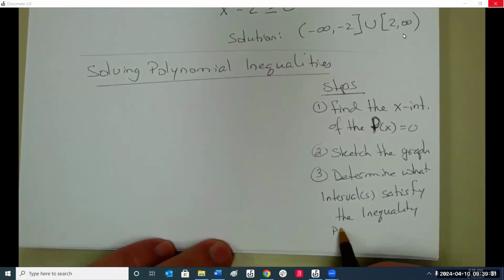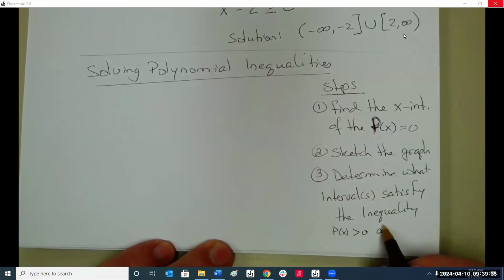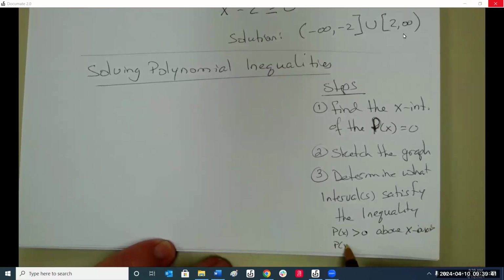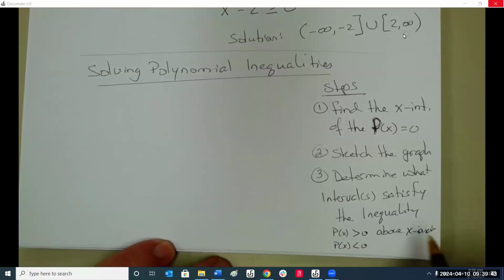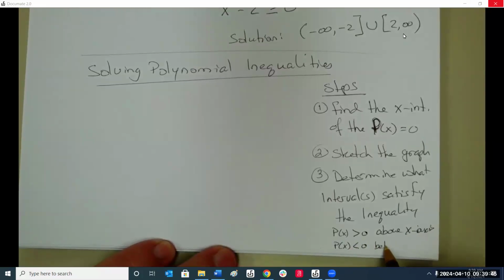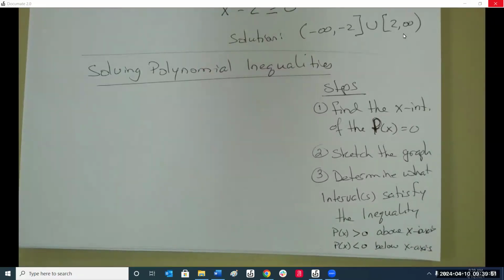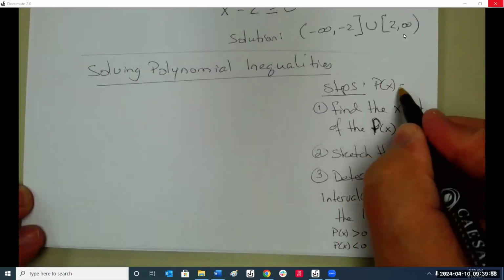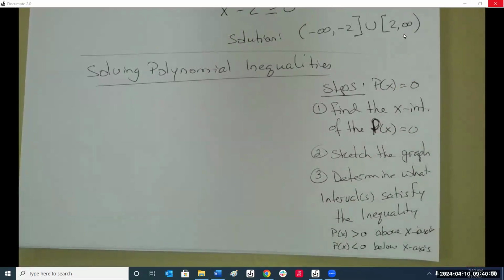If the polynomial is greater than 0, we want what's above the x-axis. If it's asking for the polynomial is less than 0, we want what's below the x-axis. So it's important to set your polynomial equal to 0 to solve it.